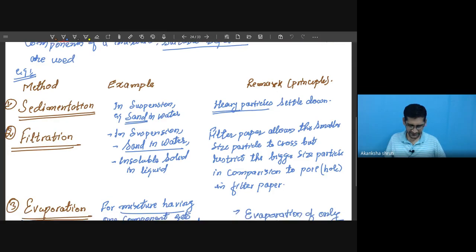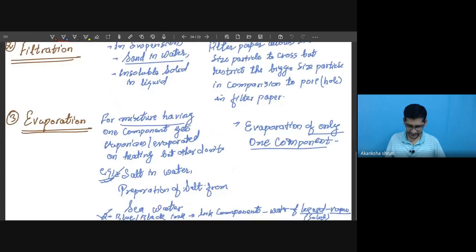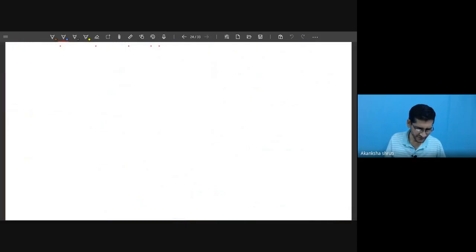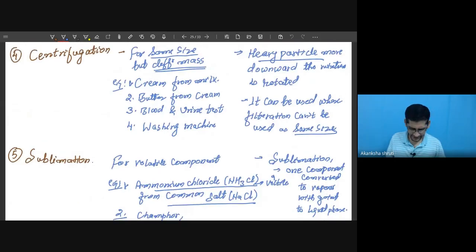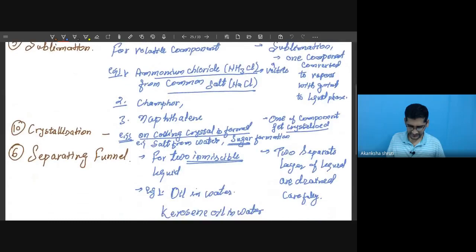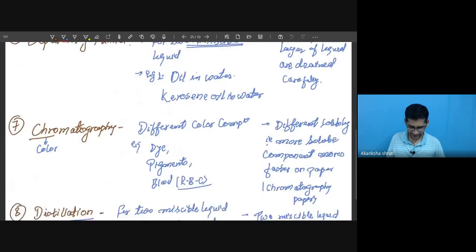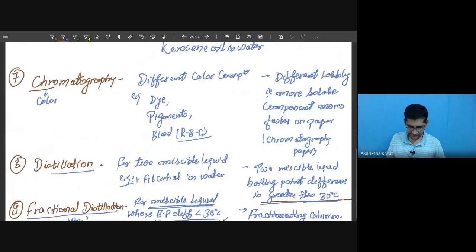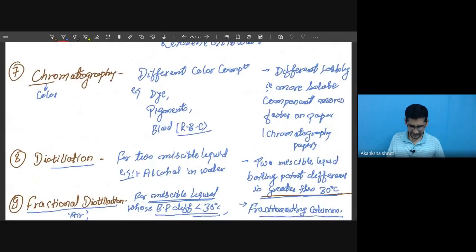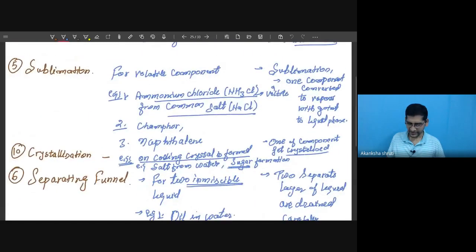The second was filtration, the third was evaporation, the fourth was centrifugation, the fifth was sublimation, then the sixth was separating funnel, the seventh was chromatography, the eighth was distillation, the ninth was fractional distillation, and the tenth was crystallization.